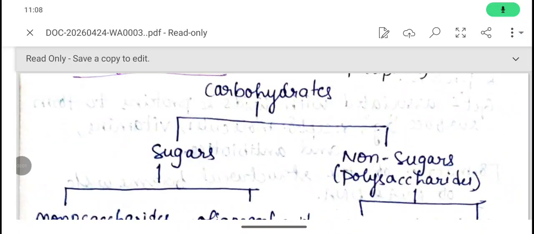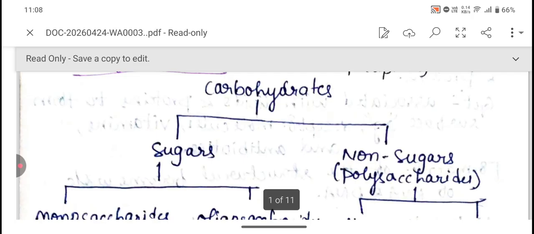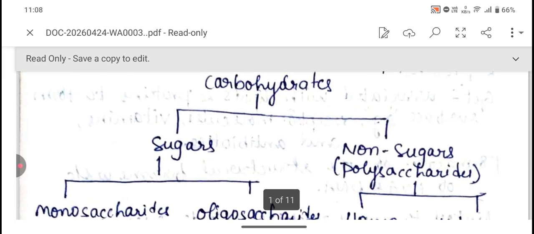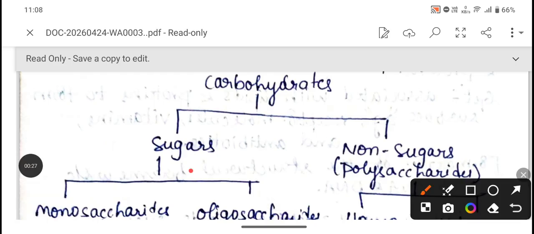Hello everyone. In this video, we are going to discuss a brief introduction regarding carbohydrates and their classification, as well as an in-detail classification of monosaccharides. So as you can see, here is the classification of carbohydrates. Carbohydrates are mainly classified into two types, sugars and non-sugars.